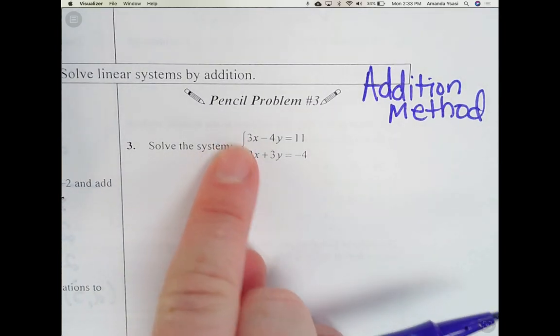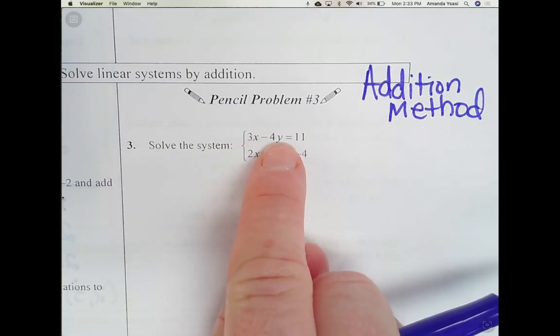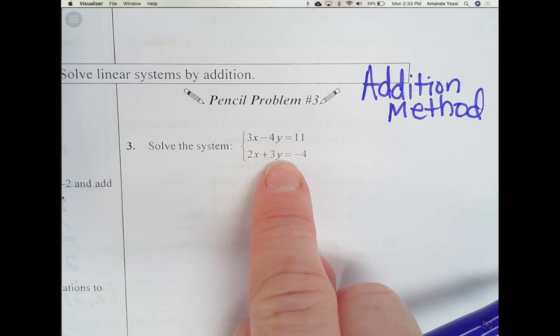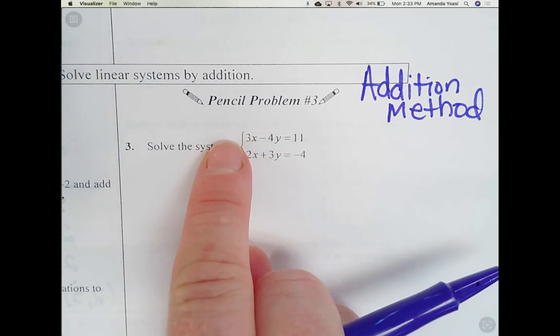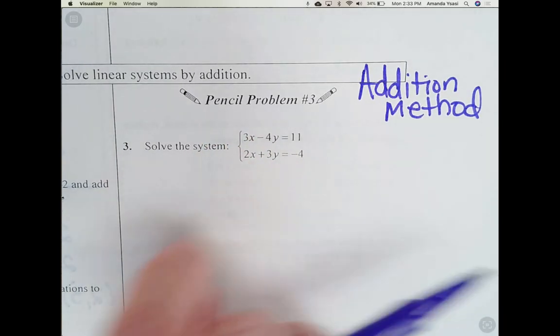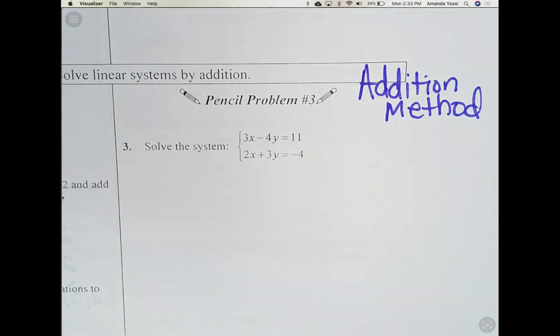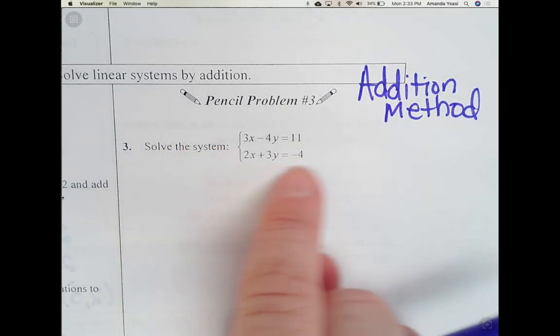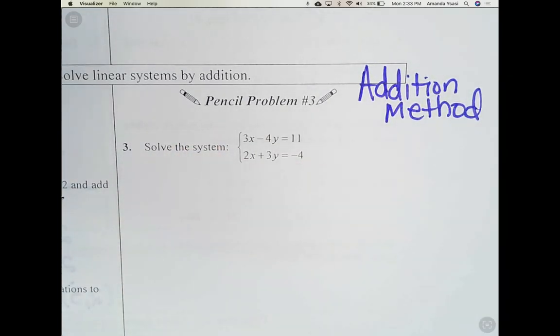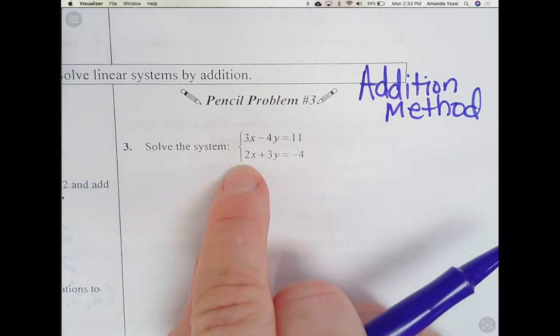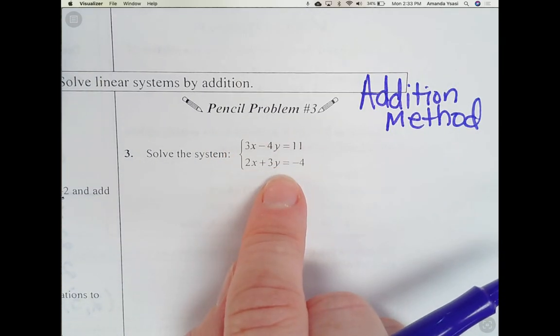Right now we have a 3 and a 2. We have a negative 4 and a 3. So we want them to be the exact same number, just opposite. Like 3 and negative 3 would be perfect. So we just need to figure out how to change it so that we can cancel something out. There's more than one way to do it. We could focus on the x's or focus on the y's.